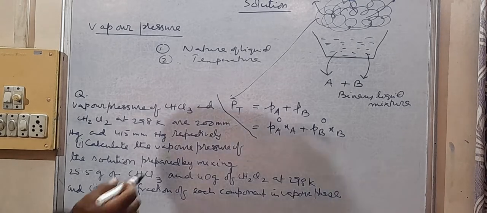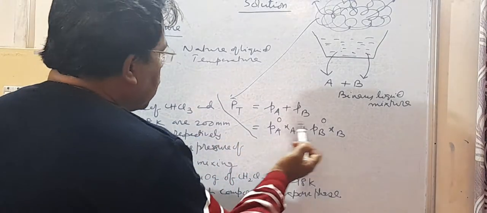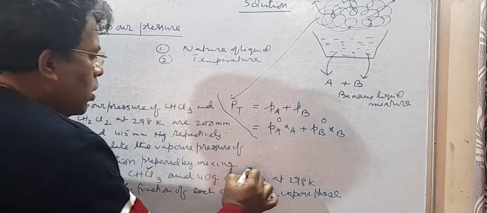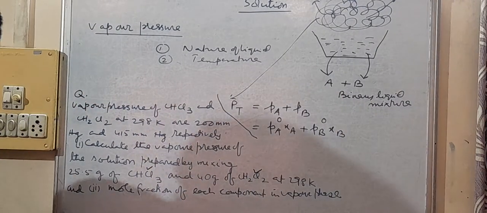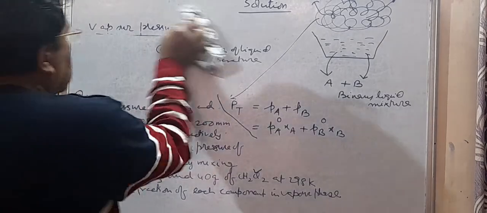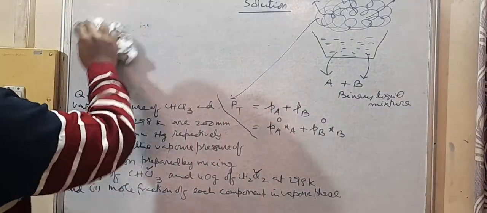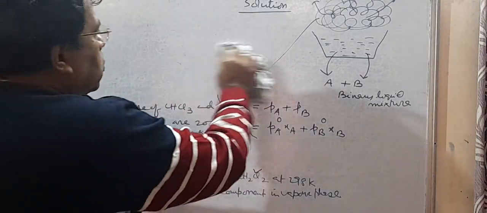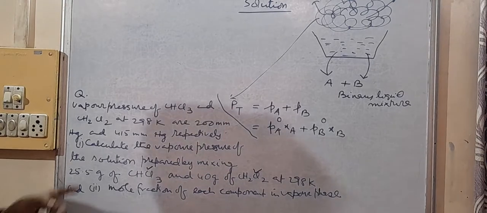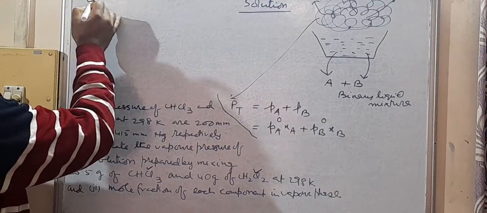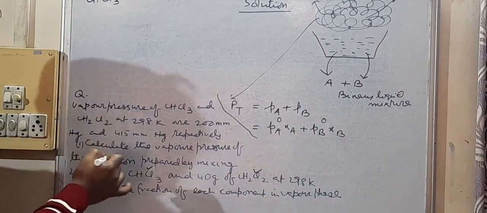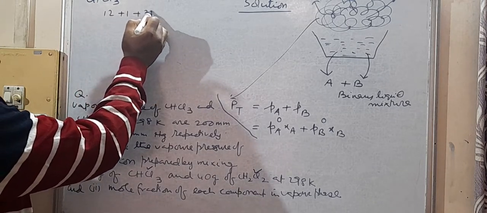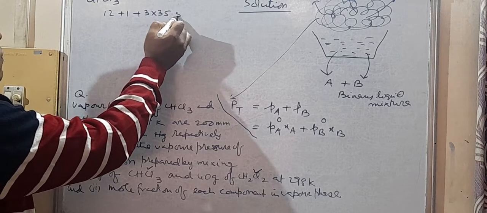Since we have this relation, we have to find the mole fraction of each in the solution. So first of all, CHCl3, its molar mass is 12 plus 1 plus 3 into 35.5.